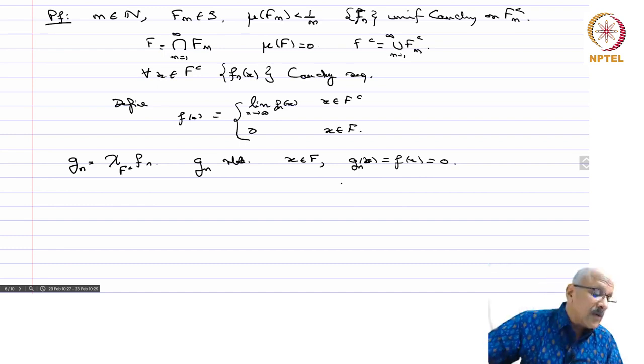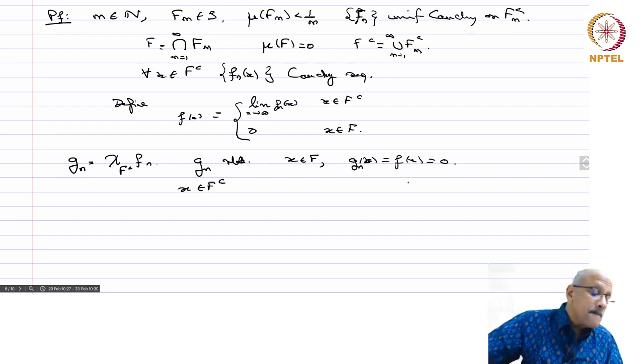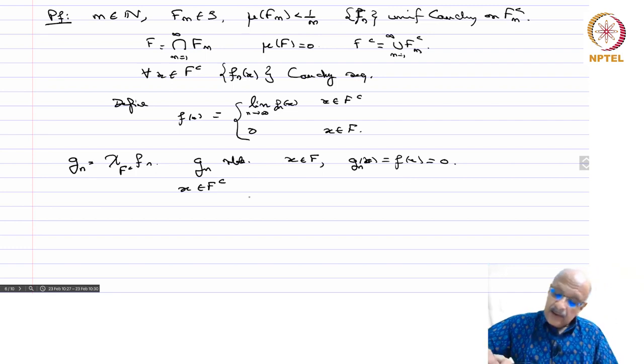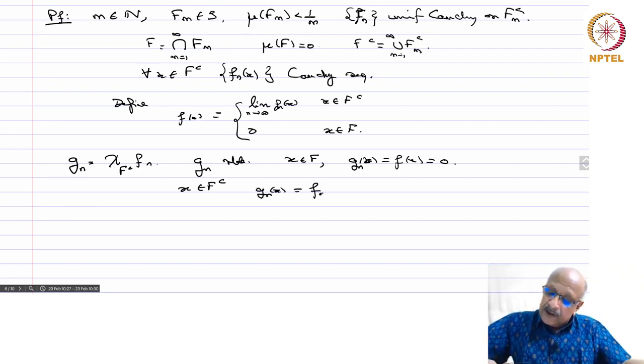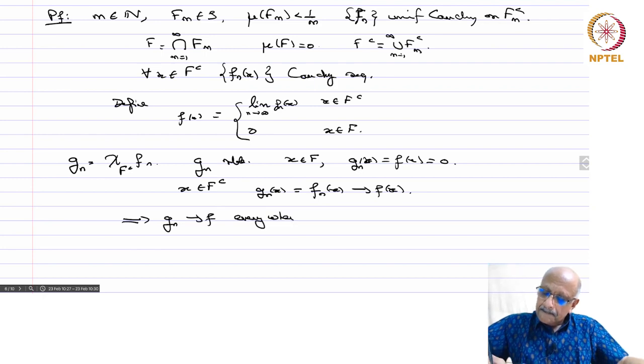So G_n(x) equals 0. And if x belongs to F complement, G_n(x) equals f_n(x), which converges to f(x). So this implies that G_n converges to f everywhere, and that implies that f is measurable.